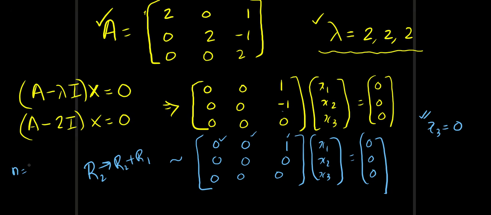Now look at this. Number of unknowns is equal to 3 and rank is equal to the number of non-zero rows, that is 1. So n minus r is equal to 2. So I am allowed to use arbitrary constants for two vectors. I am going to write, let x1 is equal to c and x2 is equal to k.